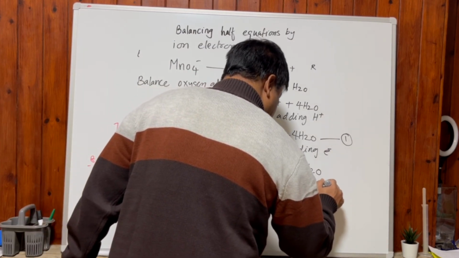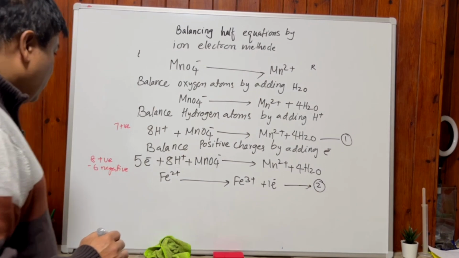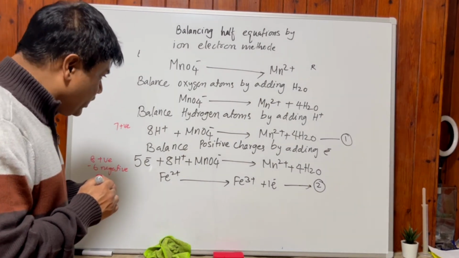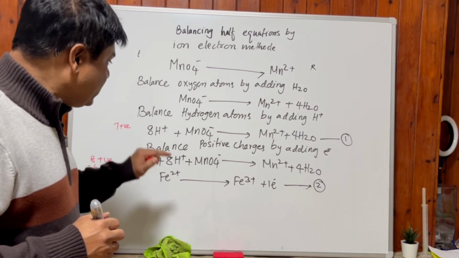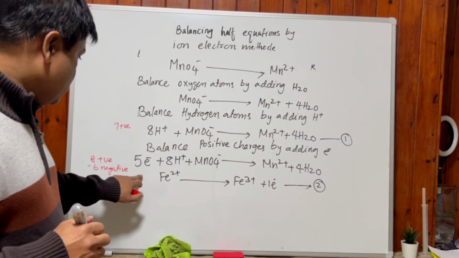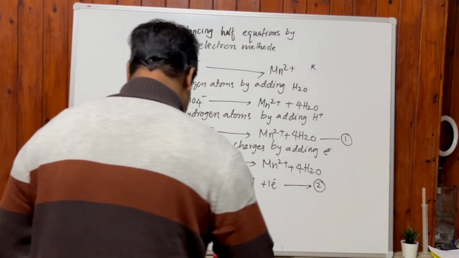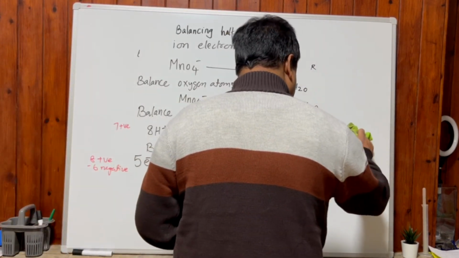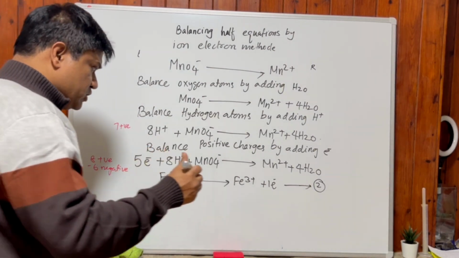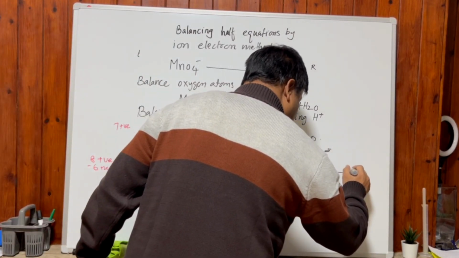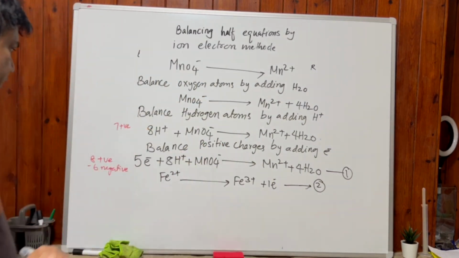So this is my 2-1. When we balance the overall equation, you have to cancel the electrons. That's my first rule: when you balance these two into an overall equation, you have to cancel the electrons in both the equations.